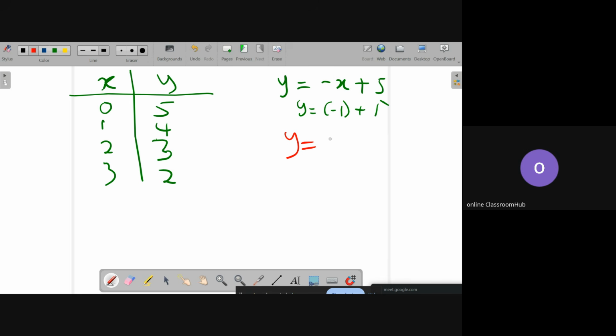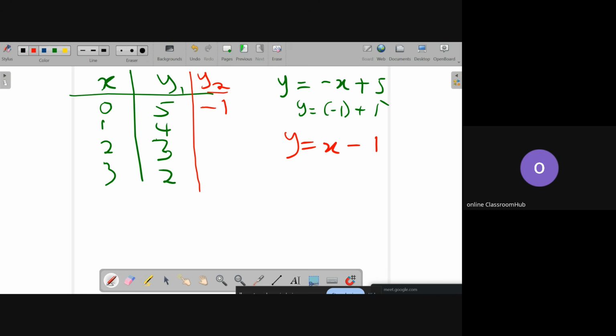Now let's get the second equation: y equals x minus 1. Good. So in this case, when x is 0, y is what?